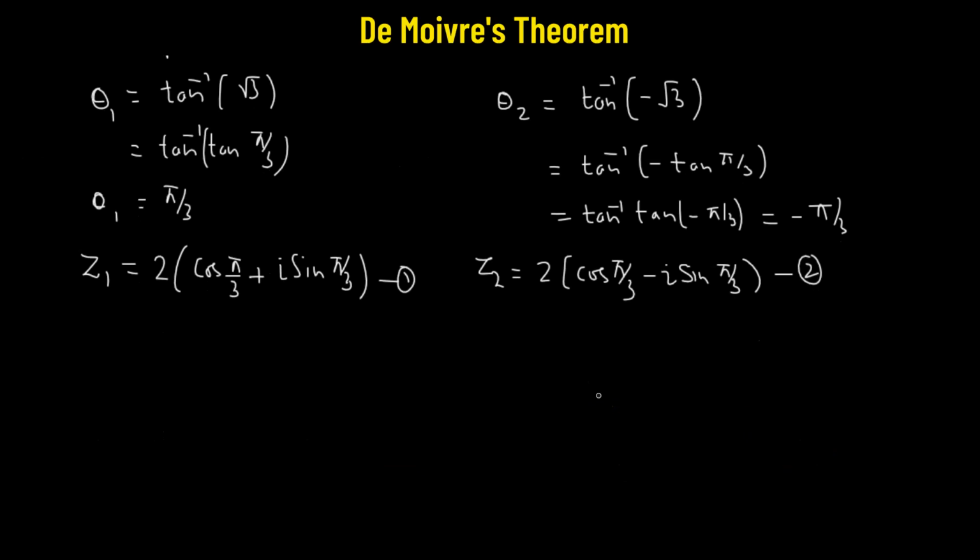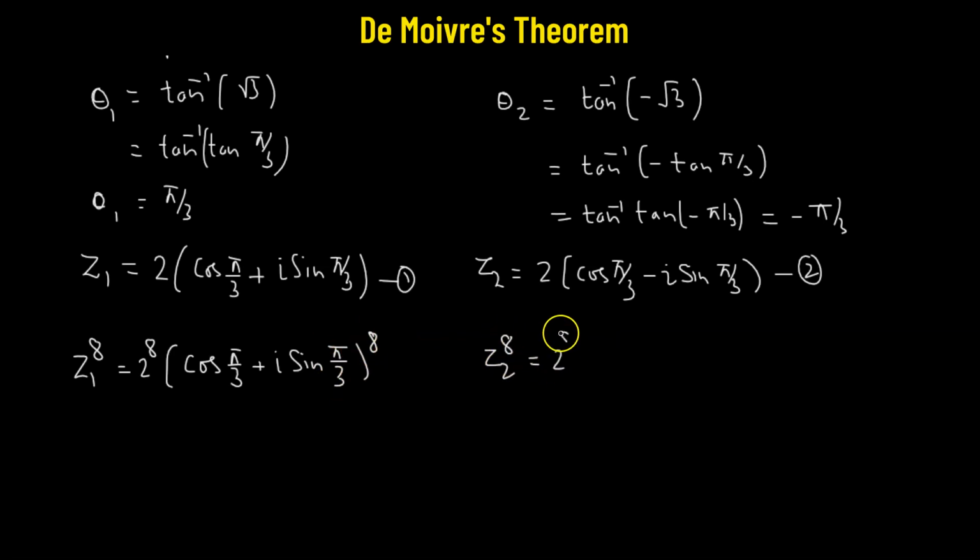Now we'll raise z1 to the power of 8. z1 raised to the power of 8 is simply 2 raised to the power of 8 multiplied by (cosine of pi over 3 plus iota times sine pi over 3) raised to the power of 8. And z2, we are also going to raise to the power of 8. So we have 2 raised to the power of 8 multiplied by (cosine of pi over 3 minus iota times sine pi over 3) whole raised to the power of 8.